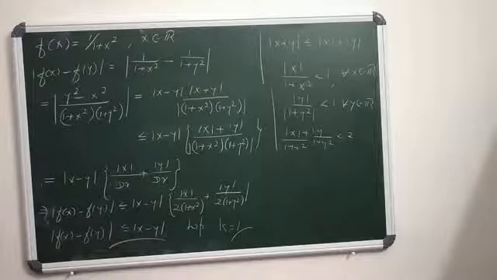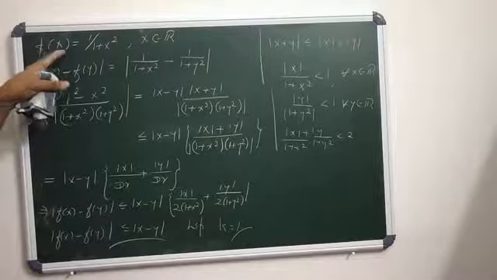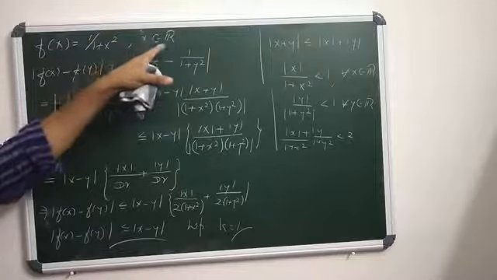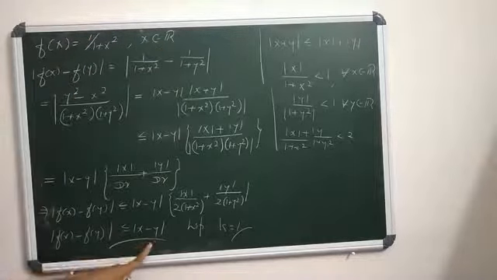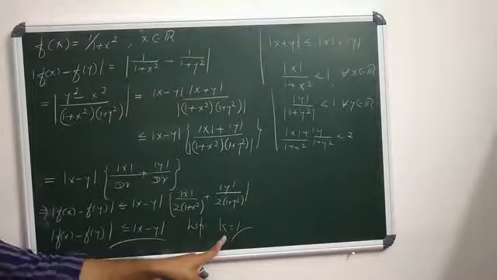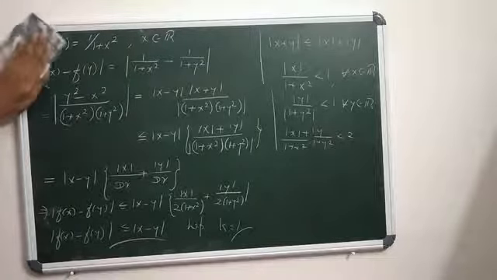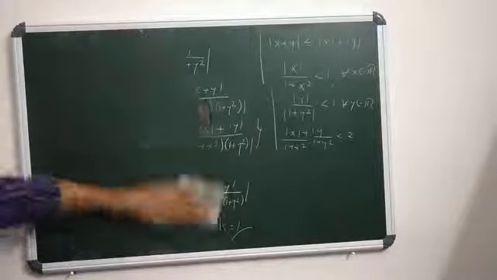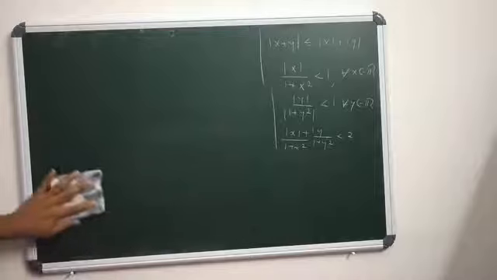If any function satisfies the Lipschitz condition, that function is always uniformly continuous in the given domain. So according to that argument, f of x equals 1 by 1 plus x square for all x in R is a Lipschitz function with Lipschitz constant 1. Hence clearly f is uniformly continuous. So f of x equals 1 by 1 plus x square is a uniformly continuous function on the real line. Clear?